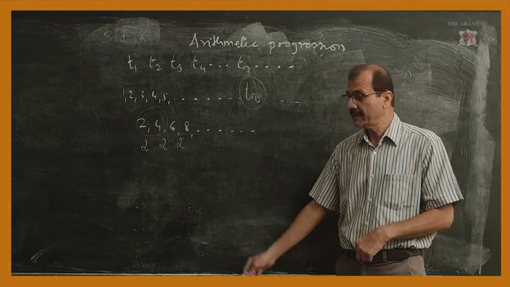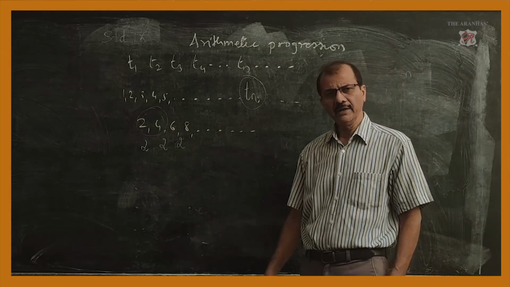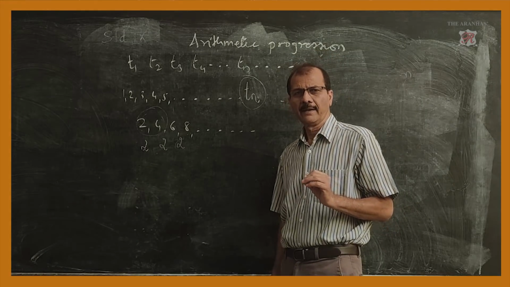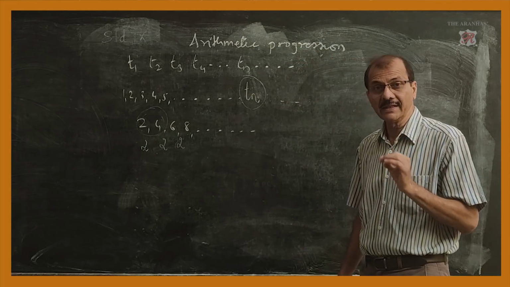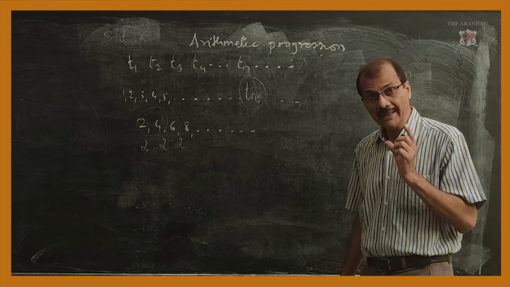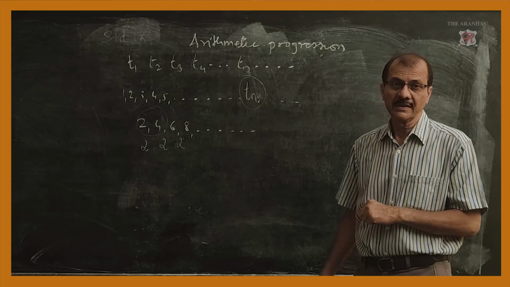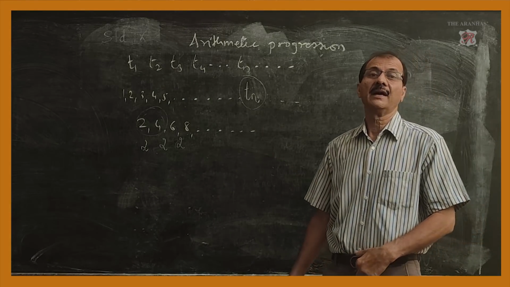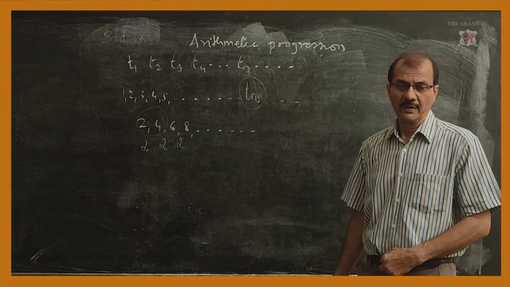So if you choose any two consecutive terms and find the difference of these two consecutive terms, and if it is constant, then you say that the given sequence is an arithmetic progression.